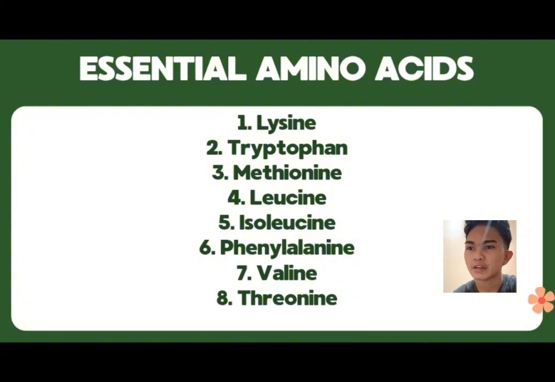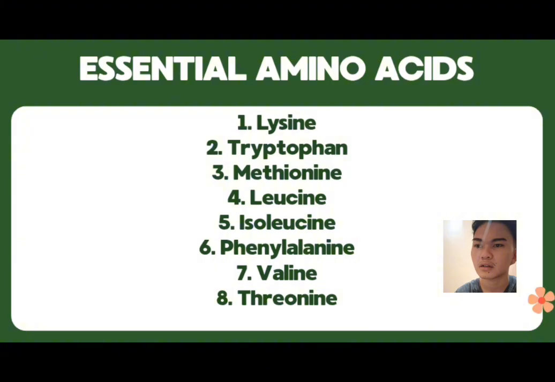The human body cannot make 8 of them on its own. So these essential amino acids must come from food. These amino acids are lysine, tryptophan, methionine, leucine, isoleucine, valine, and threonine.